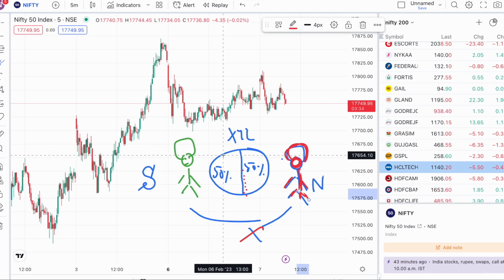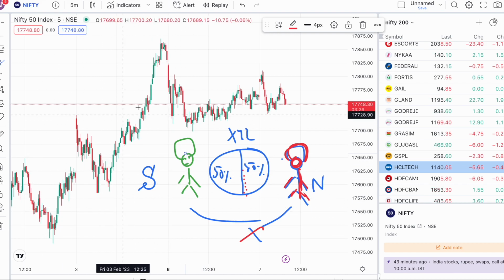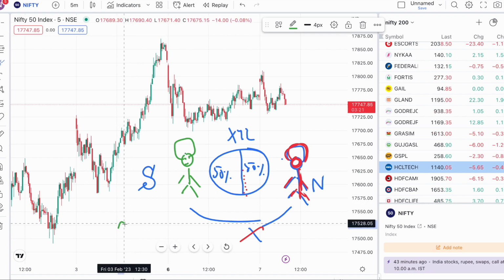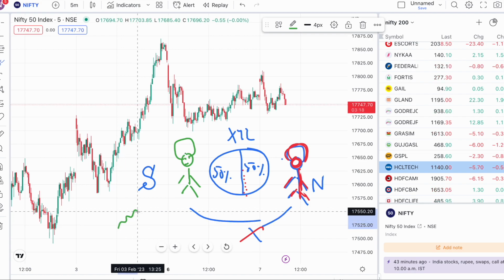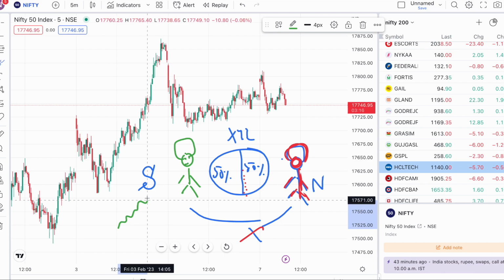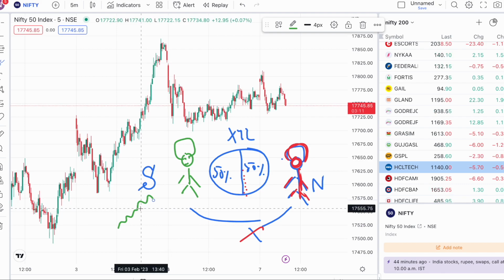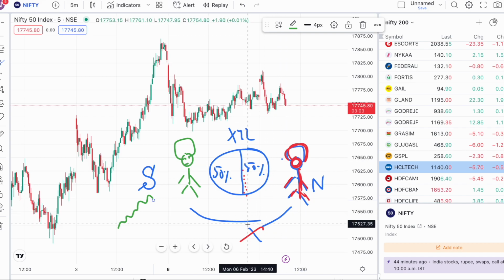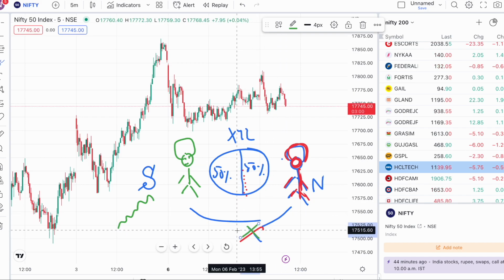Now, on a specific day, let's say the green king attacks, attacks, and keeps on attacking the red one, and the red one is not even trying to defend, or is not able to defend.